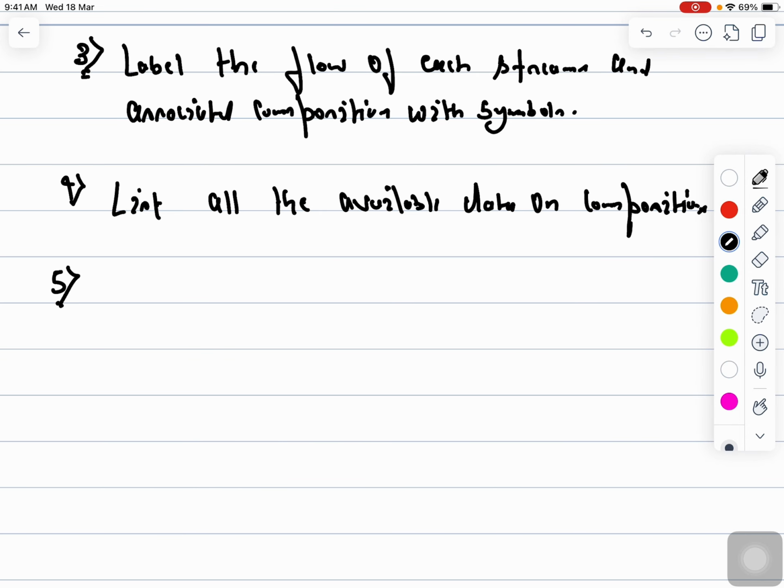Fifth, establish the key component or tie component. There I told you NaOH was the tie component, right? So this is very important. Establish the tie component, okay?